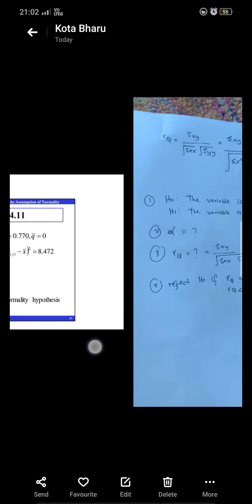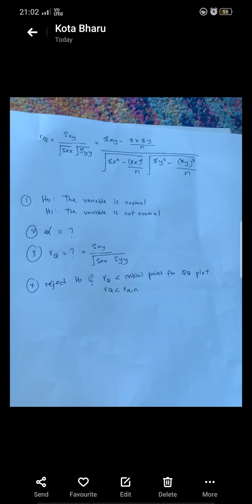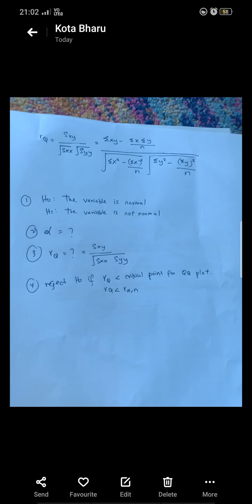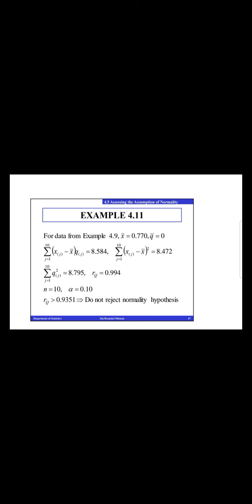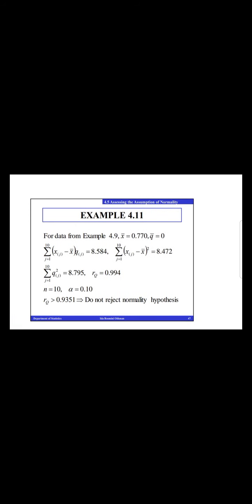Okay, so because RQ is more than the critical point, so we do not reject hash naught. Sebabnya kita reject hash naught bila RQ less than the critical point. In this case, RQ more than the critical point. So we do not reject hash naught. Bila we do not reject hash naught, so we can say that the variable is normal.